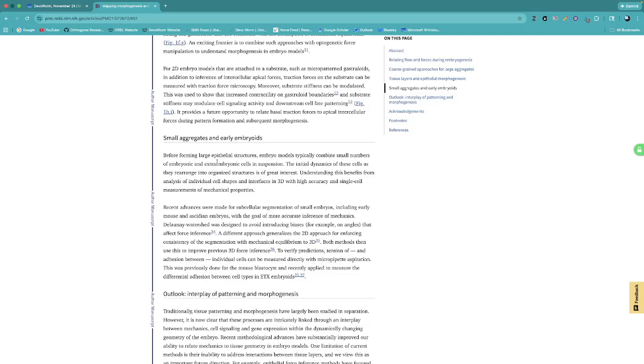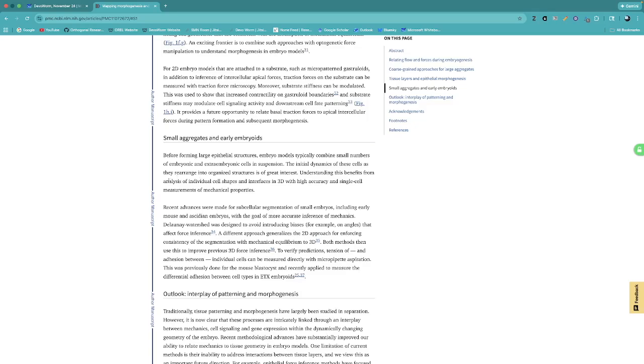So this is where we're using embryoids to build this embryo model. We have these dissociated cells in suspension, small numbers of cells, and then they divide in place, and they migrate in place, and they form these patterns. The initial dynamics of these cells as they rearrange into organized structures is of great interest.